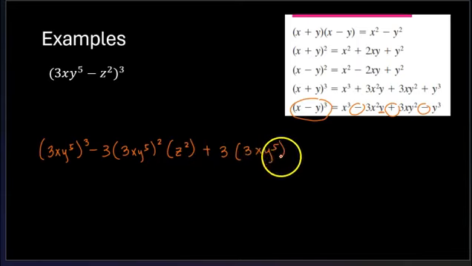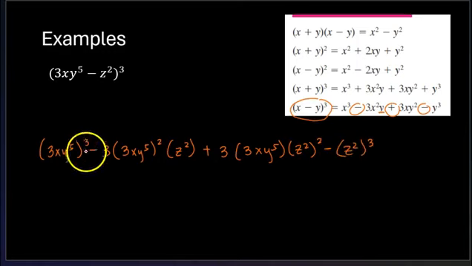First term, okay, and then this is the second term. We take the square and then minus the second term raised to 3. Okay, so simplify to 3 cubed is 27, x cubed y raised to 15.